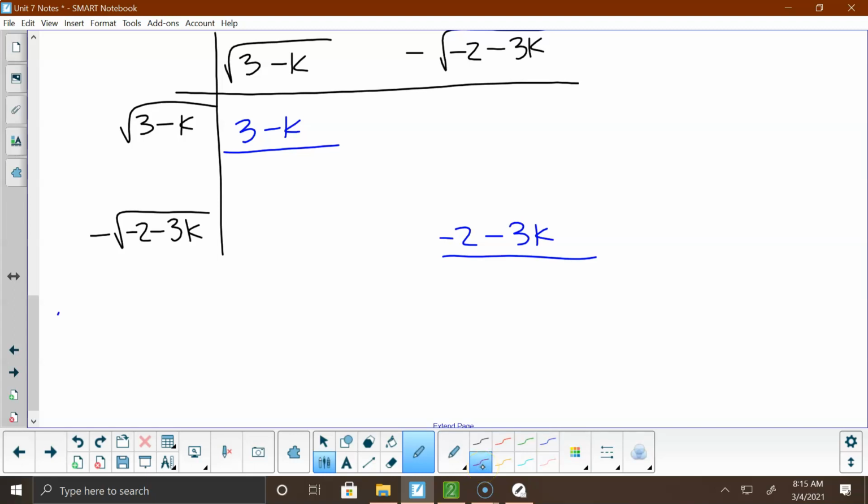Now, when you go to do these other ones, remember, under square roots, you can multiply everything that's under them and throw them under one giant square root. Does that make sense? So, I've got a negative giant square root, 3 minus k, times negative 2 minus 3k. Shouldn't I get the same thing in the upper right-hand corner?